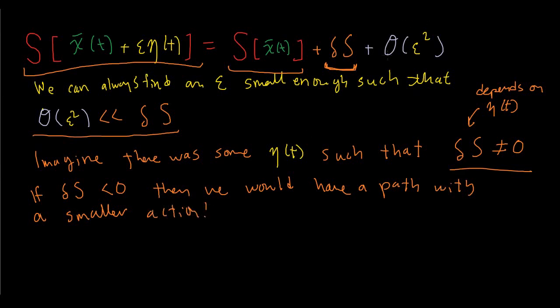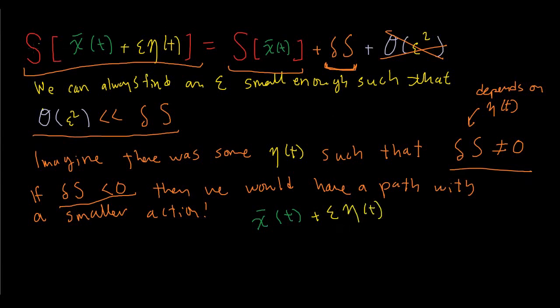Because I'm saying we're using an epsilon so small that this term doesn't matter. Namely, it would just be the path x bar of t plus epsilon times eta of t, right?